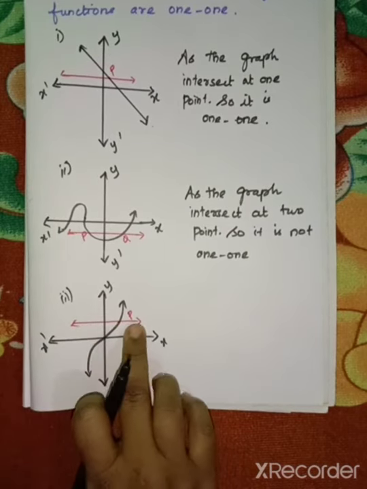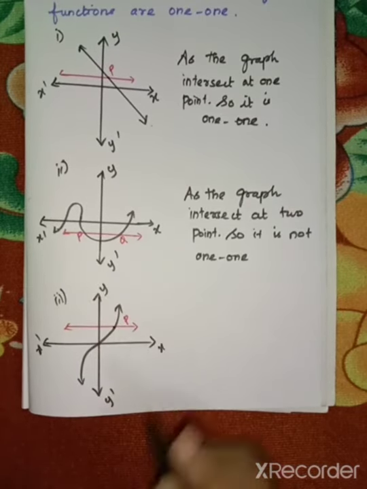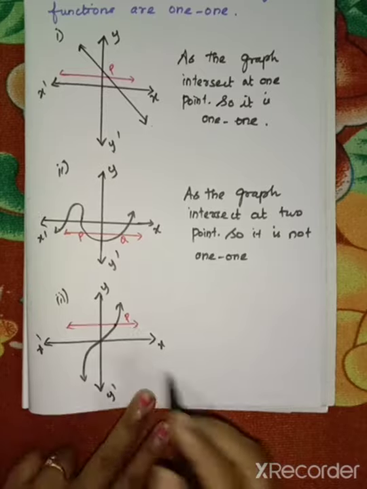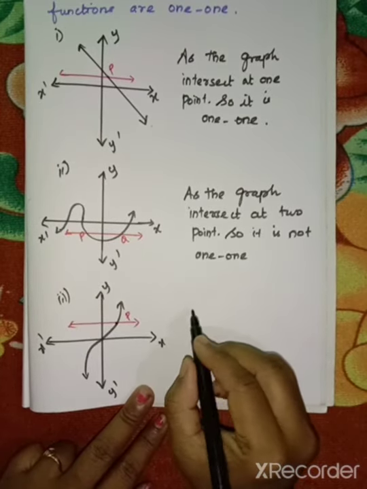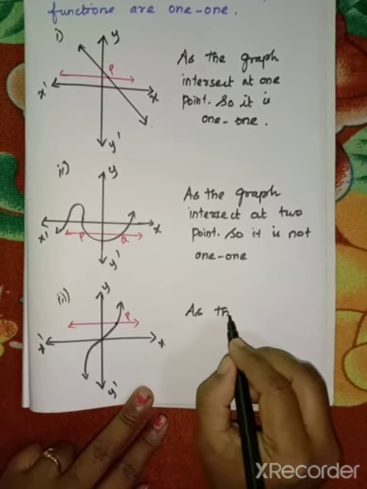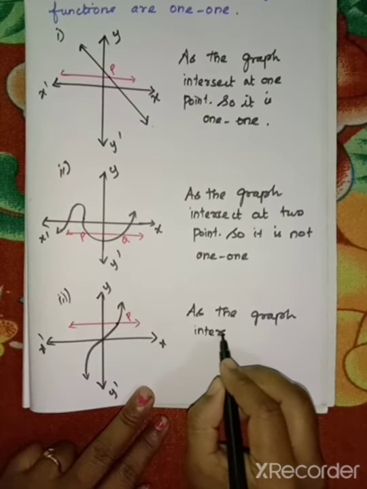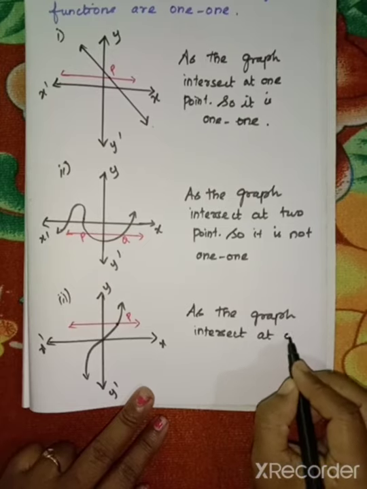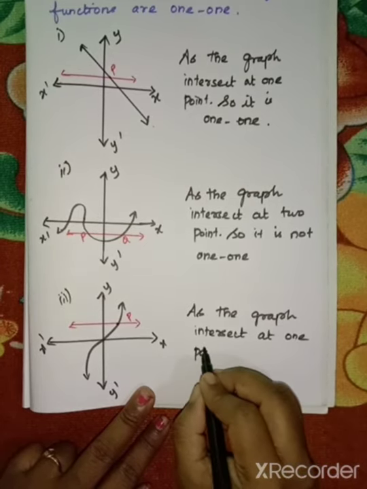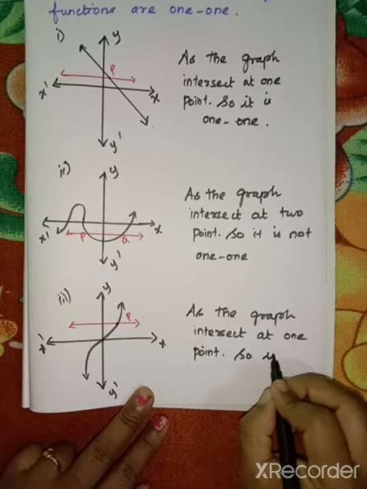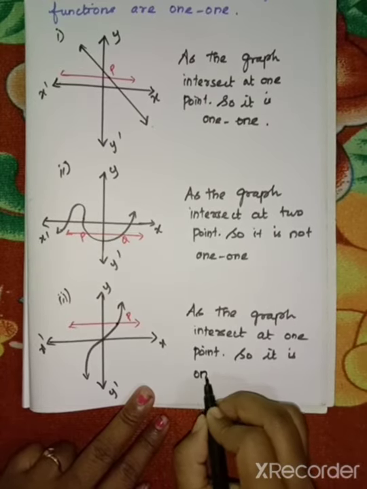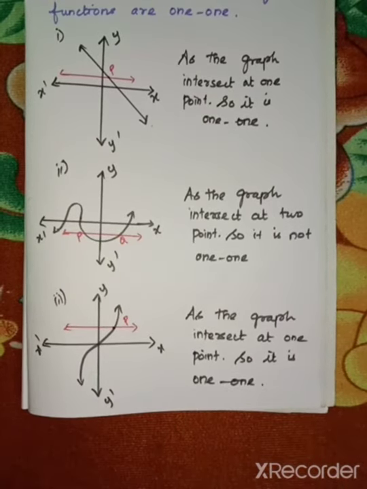In this horizontal line test, it touches only 1 point. If it meets 1 point, it is 1 to 1. So the graph intersects at 1 point, so it is 1 to 1.